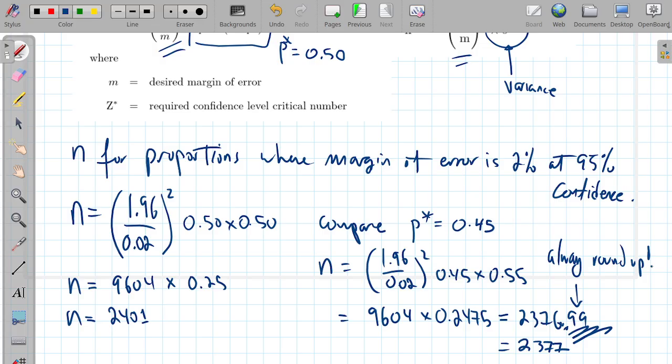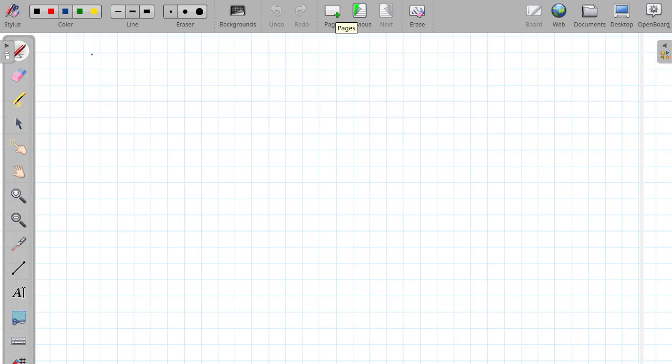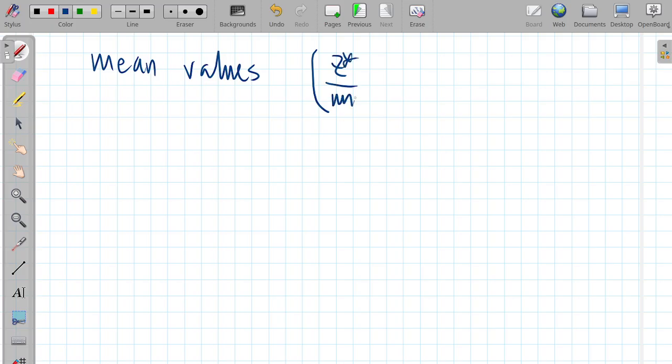Now let's just pop a new page, and we'll do one for mean values. So this is going to be z star over the margin of error squared, and then we need variance.